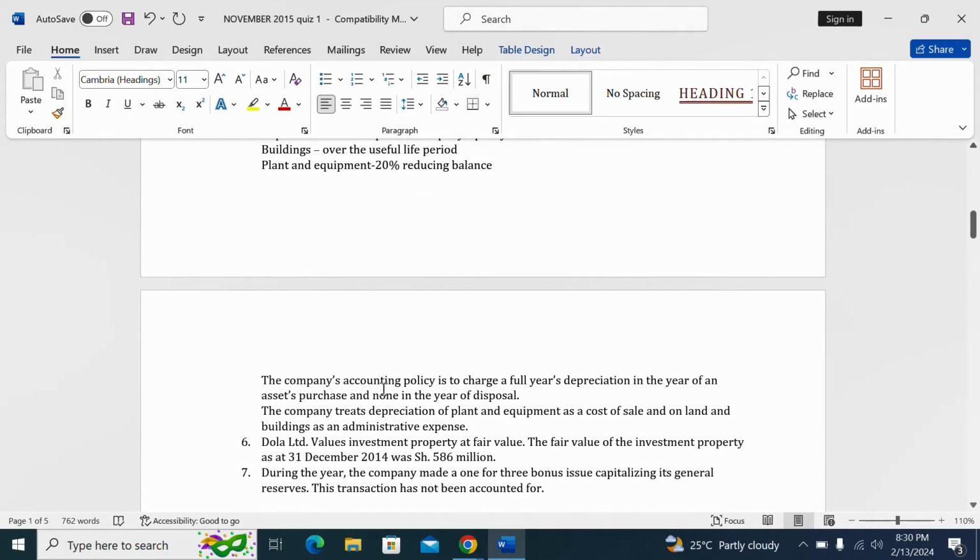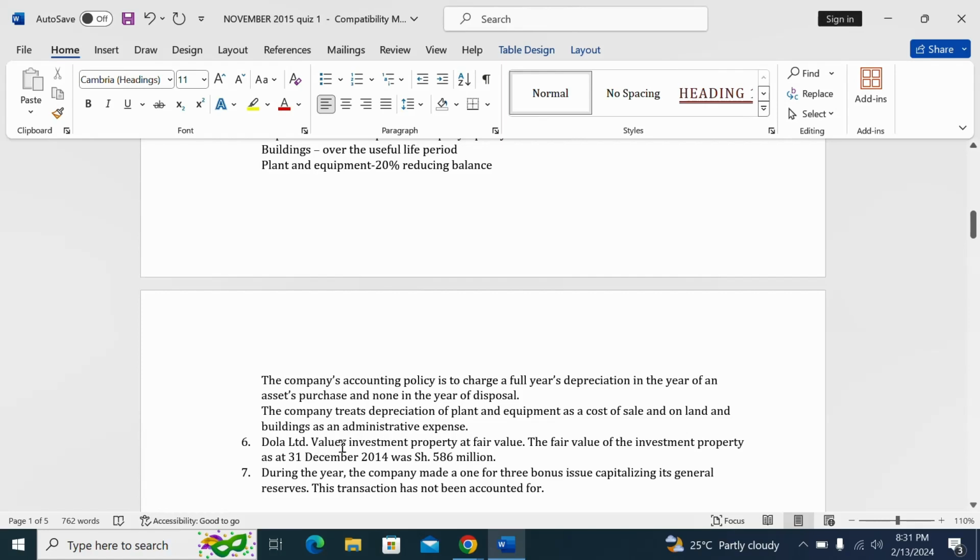The company's accounting policy is to charge a full year's depreciation in the year of an asset's purchase and none in the year of disposal. The company treats depreciation of plant and equipment as a cost of sale, and on land and buildings as an administrative expense.